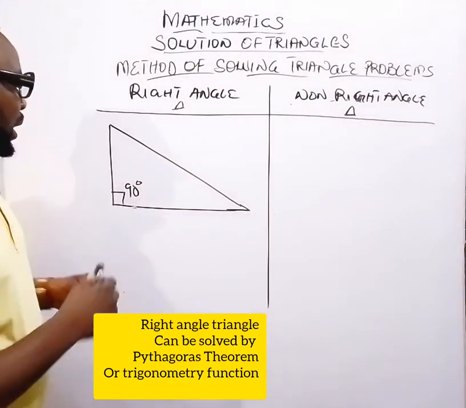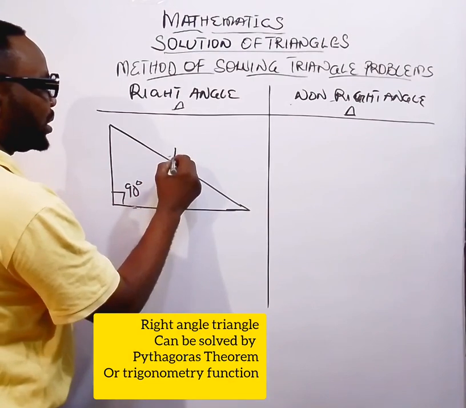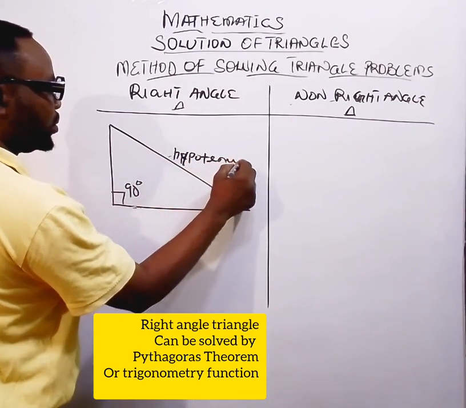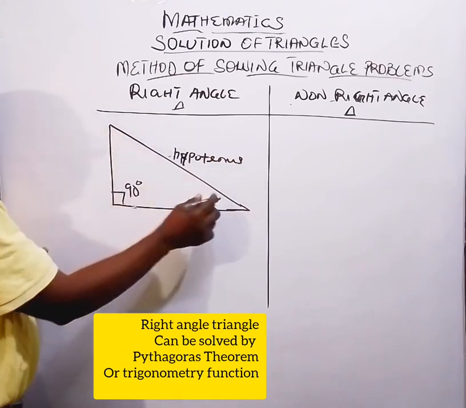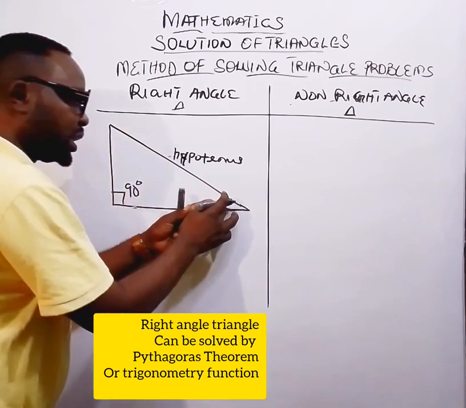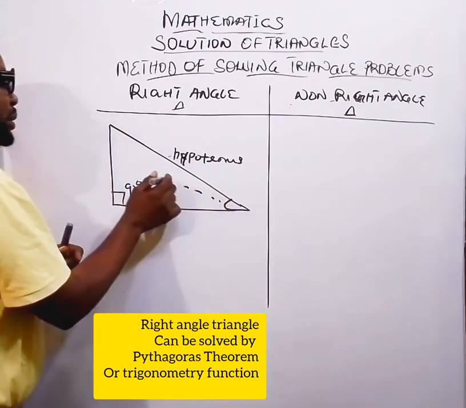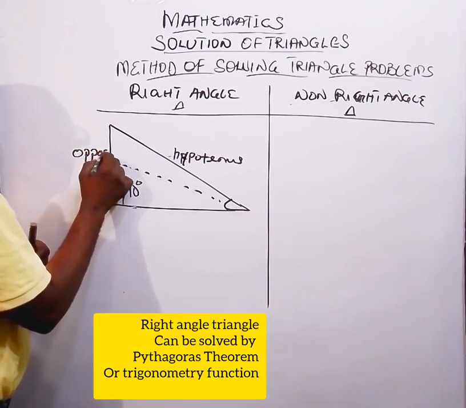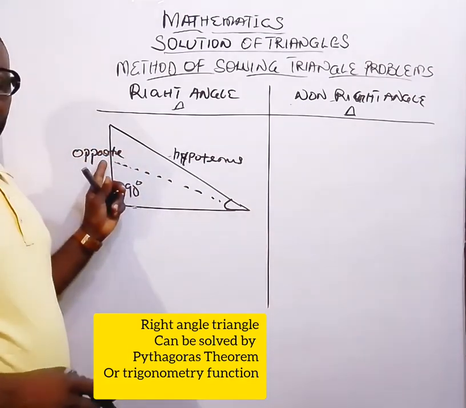Now, the side that faces this right angle is called the hypotenuse. While this is the angle we are considering. If we are considering this angle, the side that is opposite to this angle is called the opposite side.